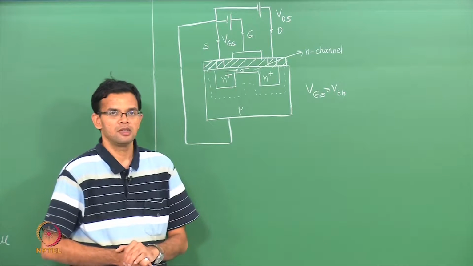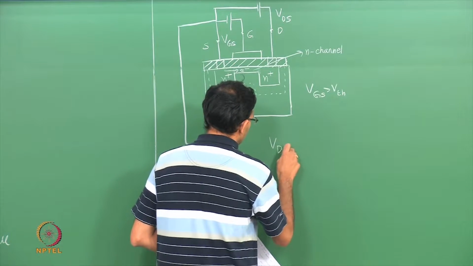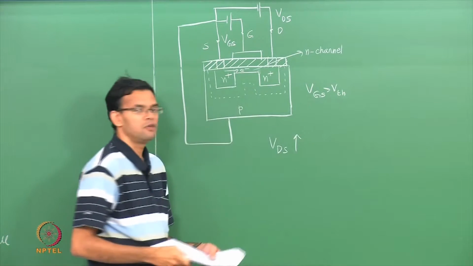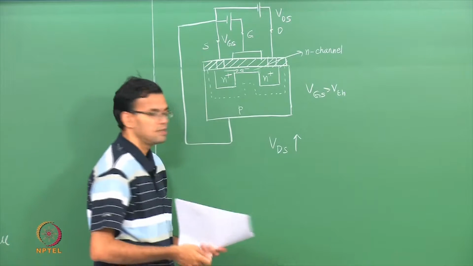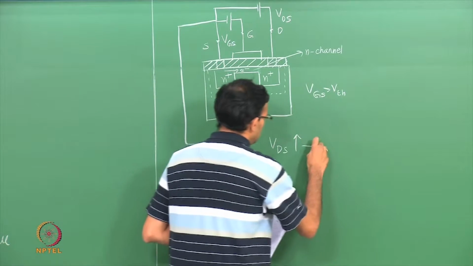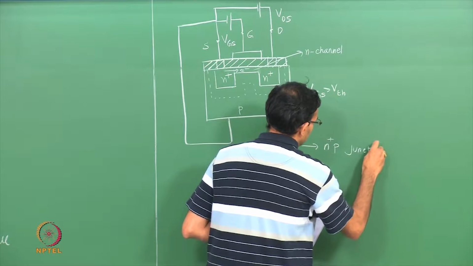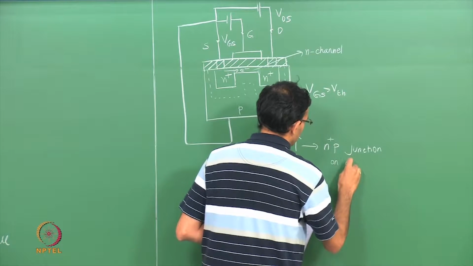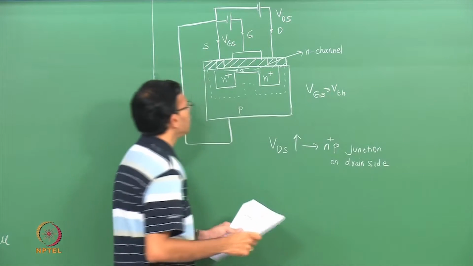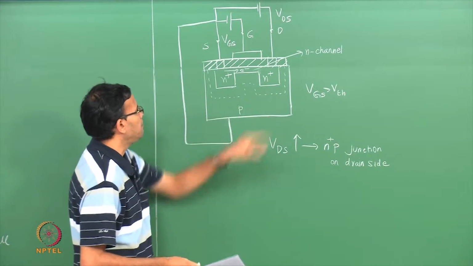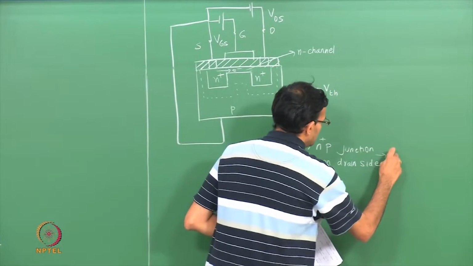Now, what happens as VDS increases? VDS is the voltage between the drain and the source. As VDS increases, if we look at the p-n junction on the drain side, n plus is connected to positive, p is connected to negative, so this is reverse biased.